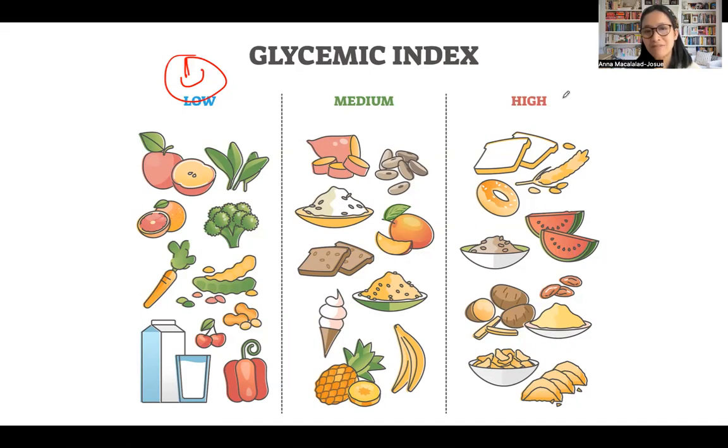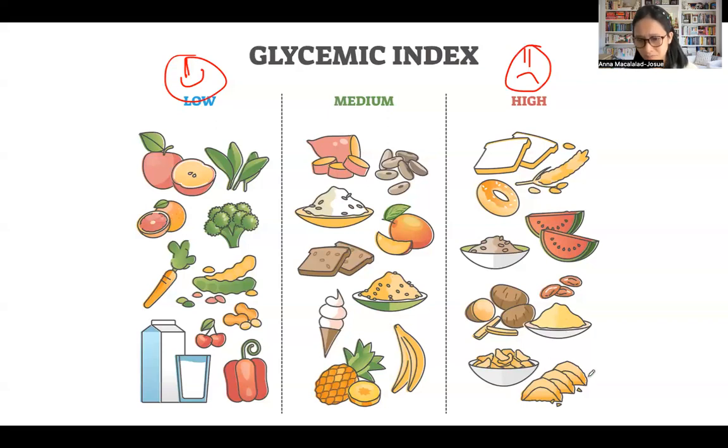Foods that are of high glycemic index, this is the one that we do not recommend to patients because it will raise their blood sugar very fast. You have your white bread, your wheat, watermelon, I don't know what this one is. Potatoes, French fries, mashed potatoes.